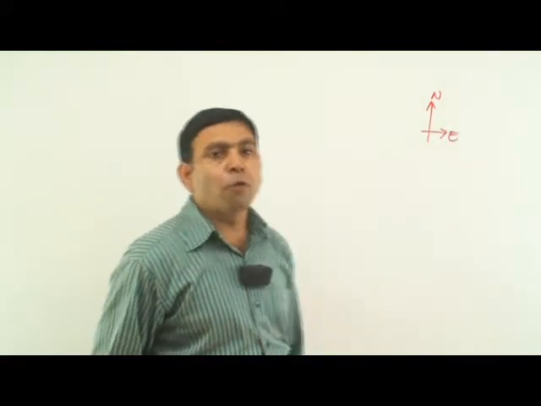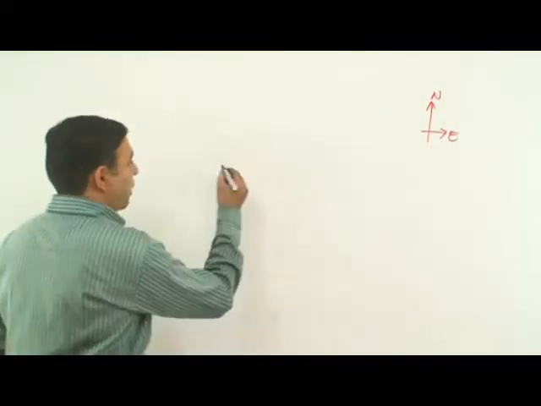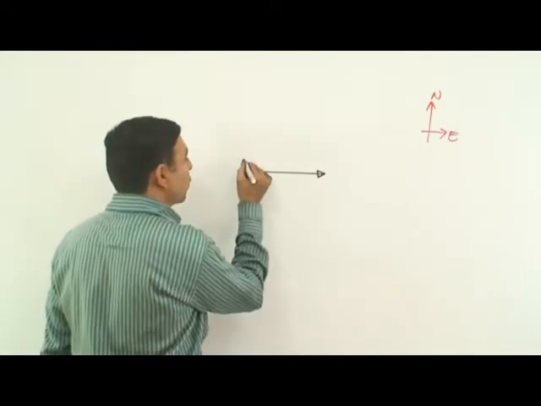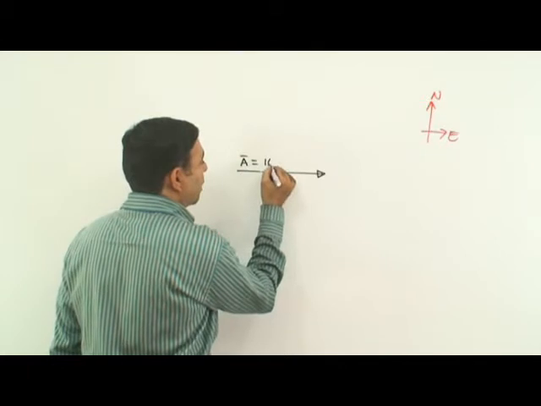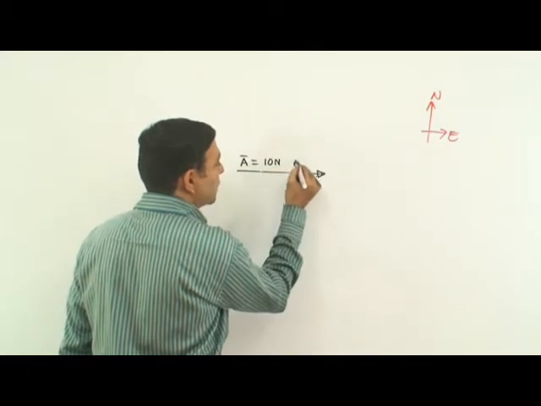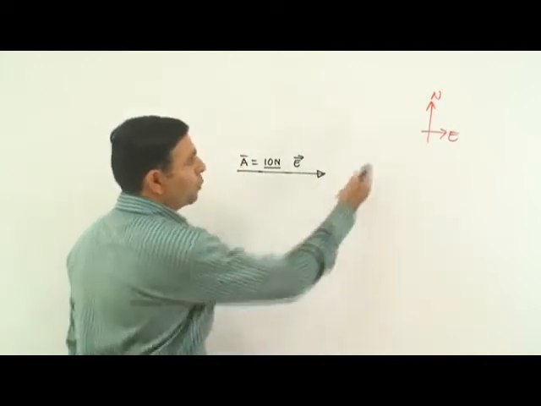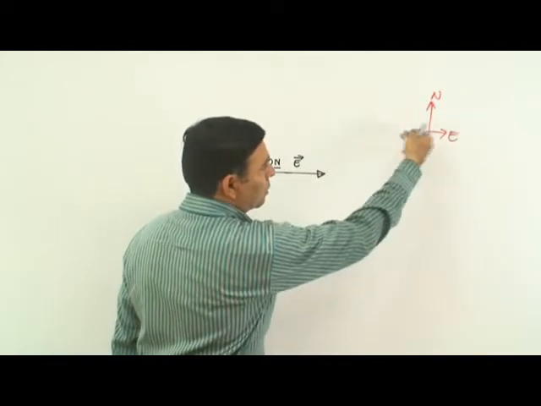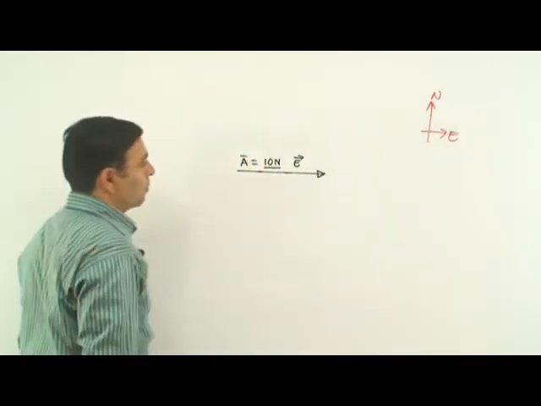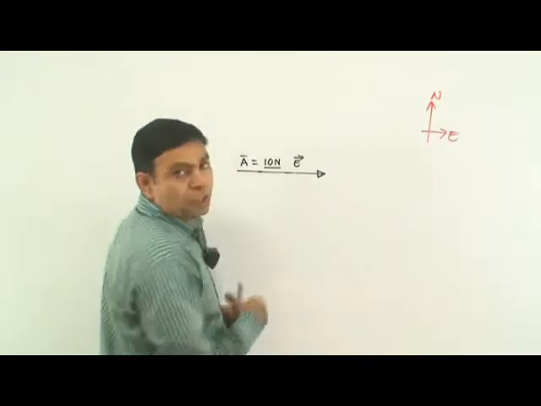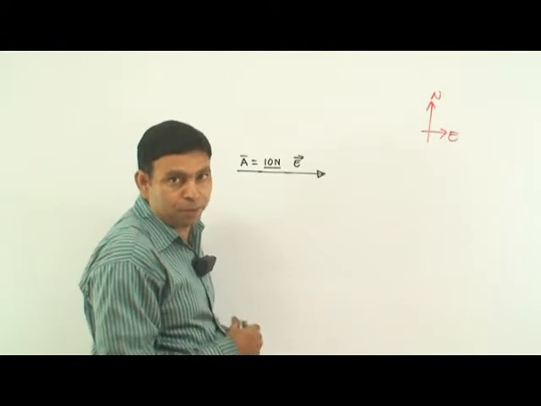In case of vectors, as you know, arrowhead indicates direction. Suppose this is a vector A, say 10 Newton force towards east. This is magnitude and this is direction towards east with reference to this east and north system. In fact, if I take this direction as positive, any convenient direction can be chosen as positive.